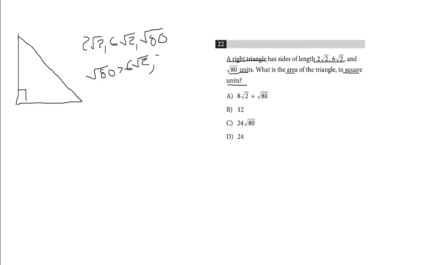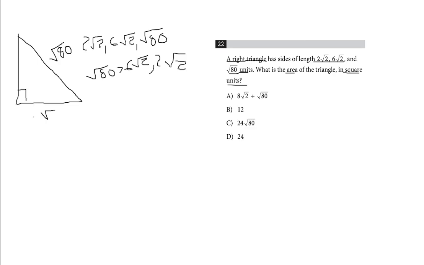Because we have a right triangle, our hypotenuse has to be the greatest side. So our hypotenuse has to be root 80, and we can have 6 root 2 as one leg and 2 root 2 as the other leg. This is the main trick in this problem.